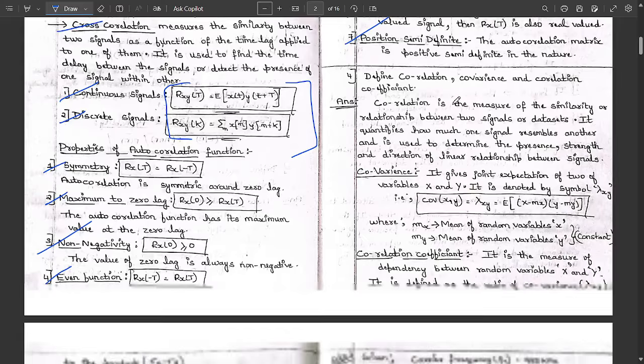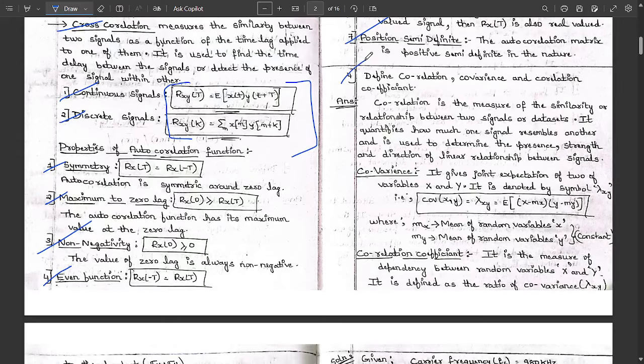One more important question from this module is a fixed question. It might be asked because these questions are in the model paper as well, and they are also repeated multiple times, so you need to learn this. That is define correlation, covariance and correlation coefficient. Its definitions are mentioned here, one each for correlation, covariance and correlation coefficient.